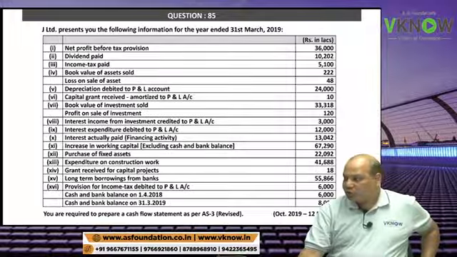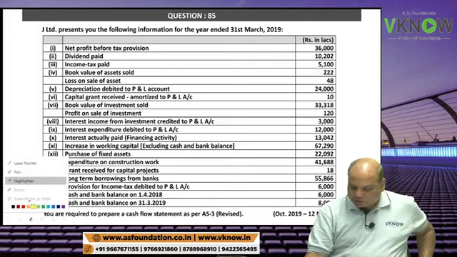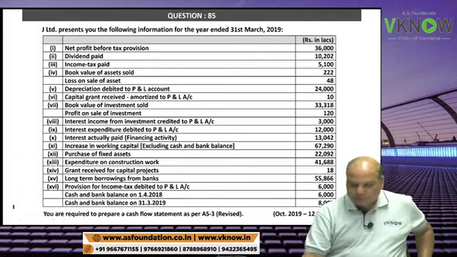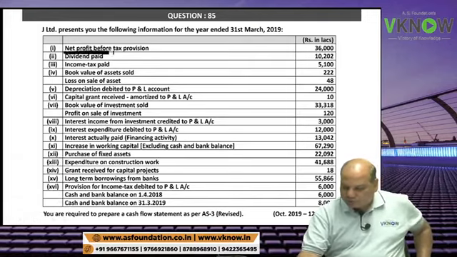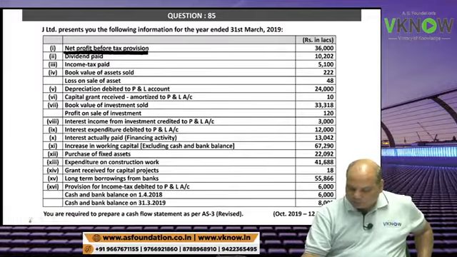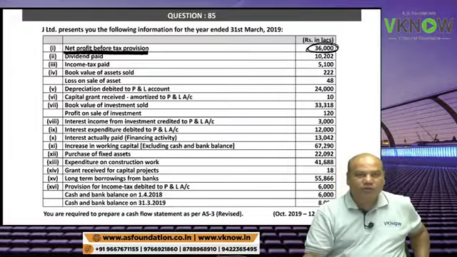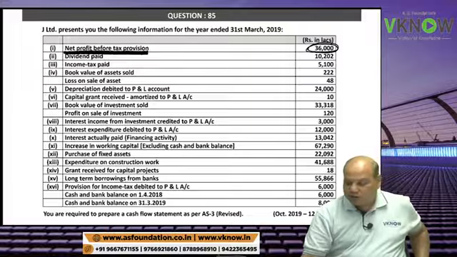Okay, so now I am going to explain to you and then we can solve the question easily. It says net profit before taxation, so this profit is given to us before taxation. Start from there.